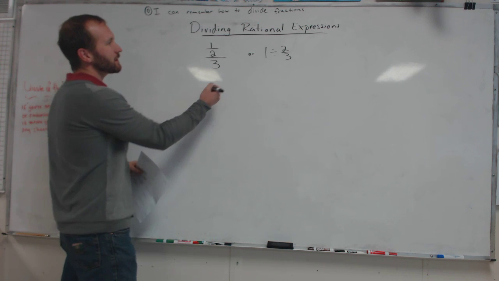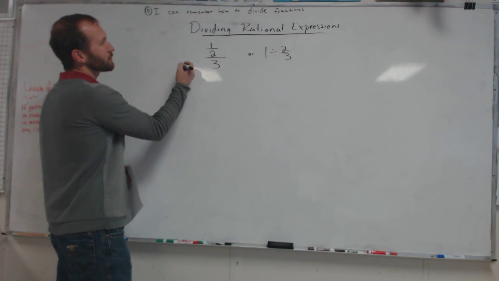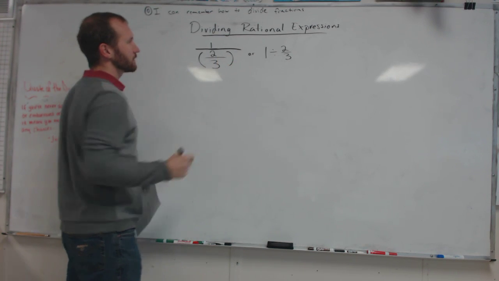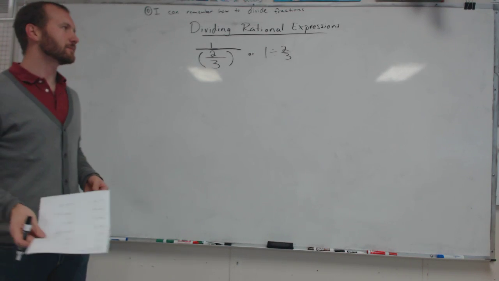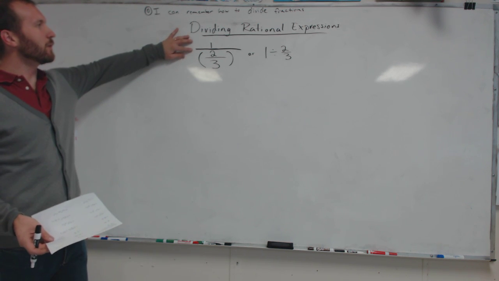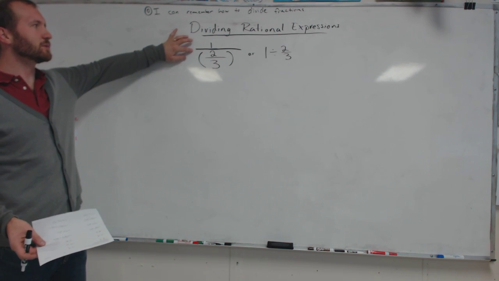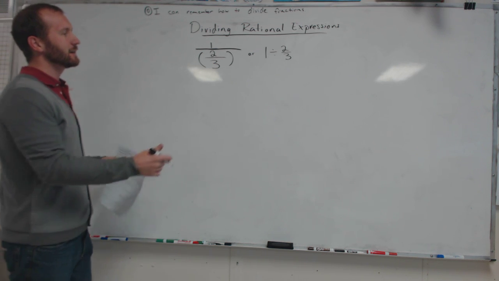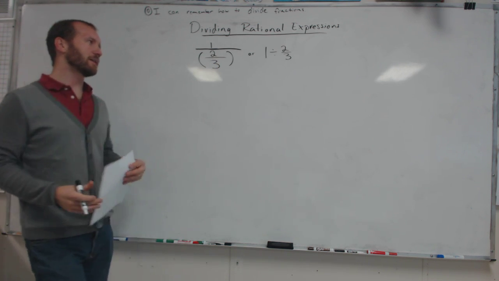All right, so let's say we have a fraction, and maybe it's really clear, like 1 divided by 2/3. Typically there'll be one line that's bigger that shows you which part of the fraction is which. What do we do to divide fractions?